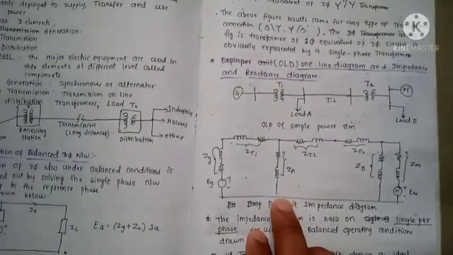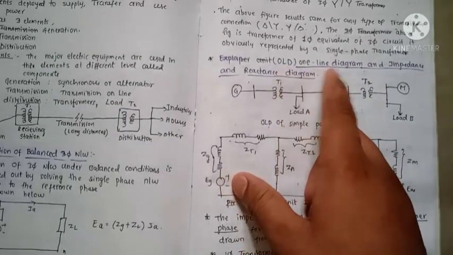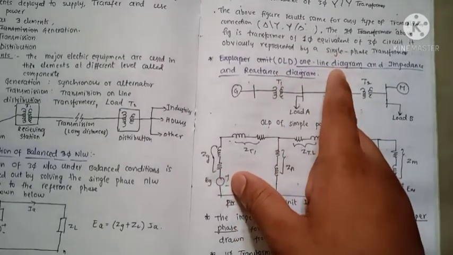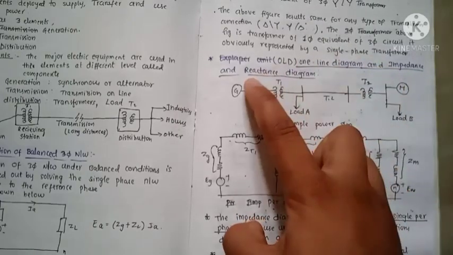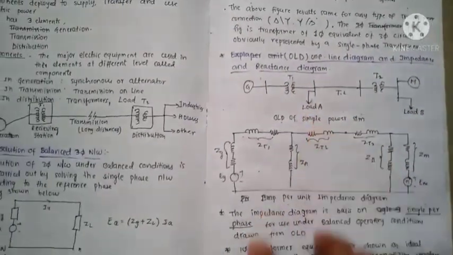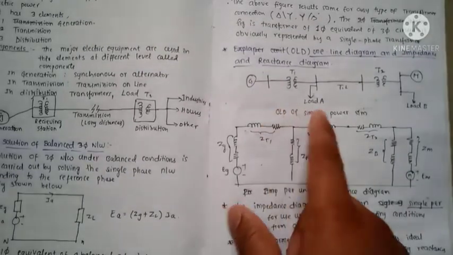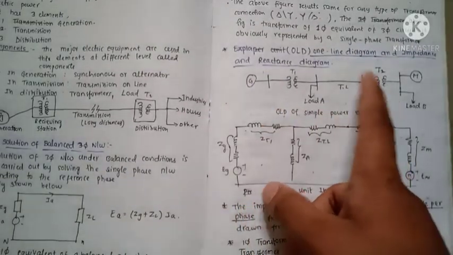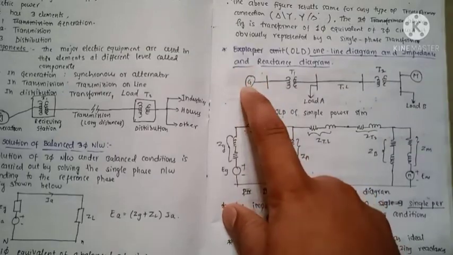And we go to the next topic, the one line diagram, abbreviated as OLD, or we also call it the single line diagram, SLD, and the impedance and reactance diagram. First, the one line diagram of a simple power system is given here. First, the generator section, right?